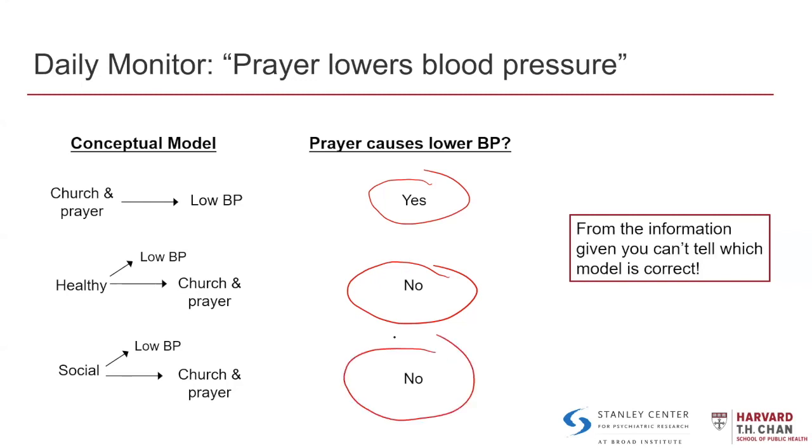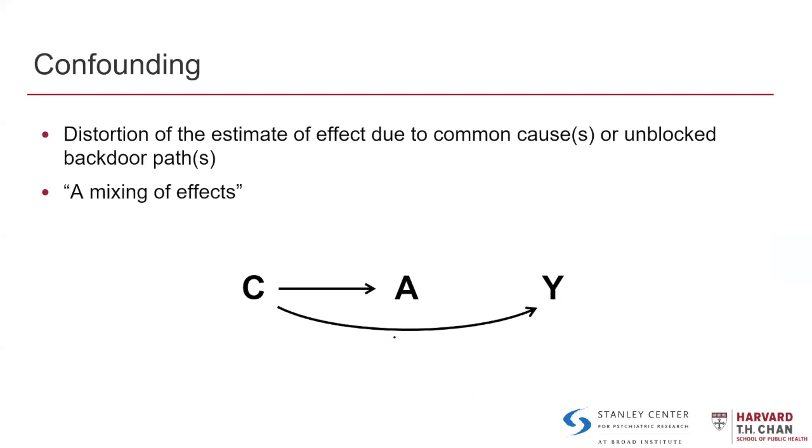So it's not a causal relationship. From the information provided in this simple example, we can't tell which one is correct. And this is the idea we will discuss, which is the idea of confounding.